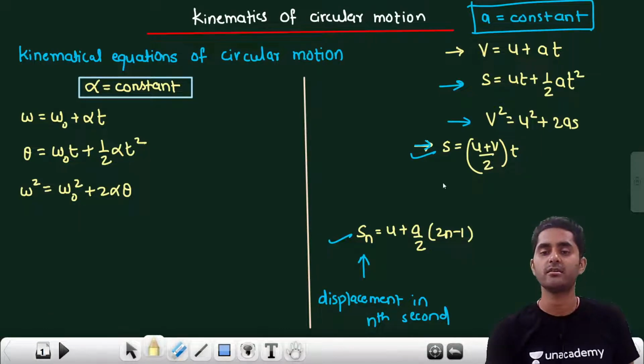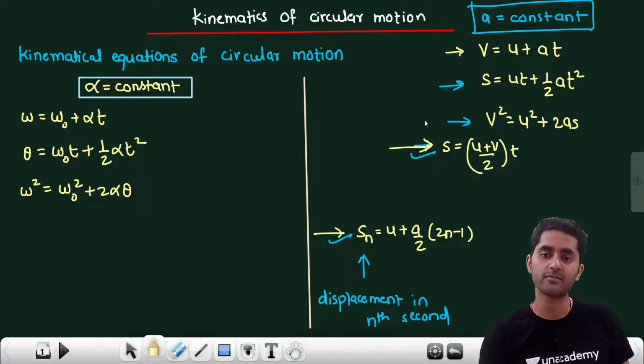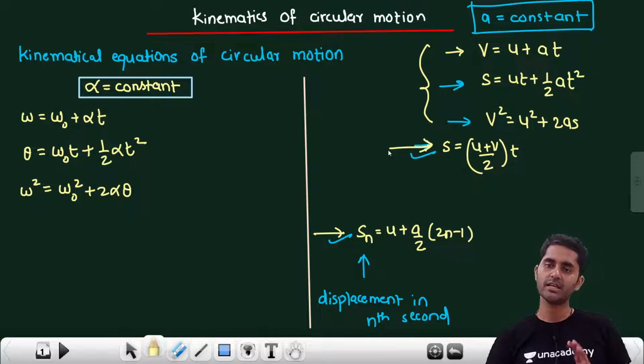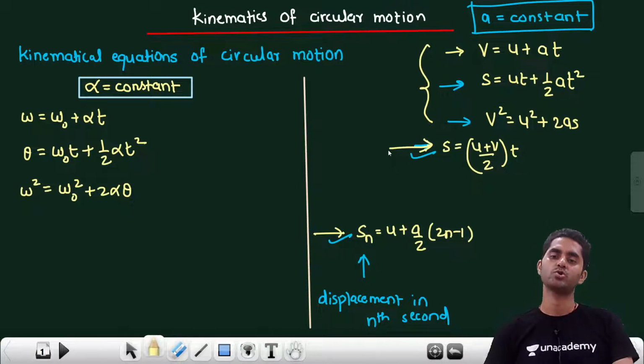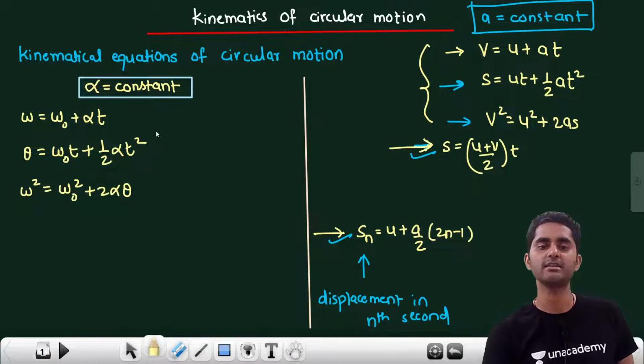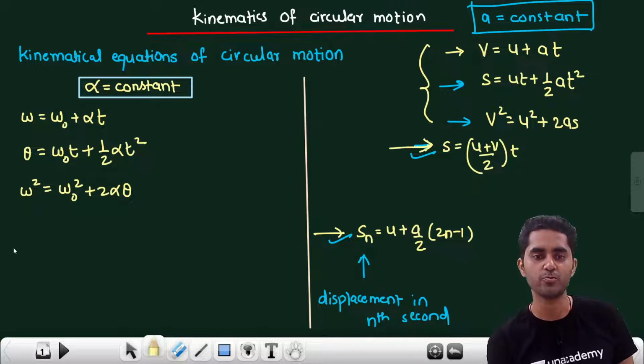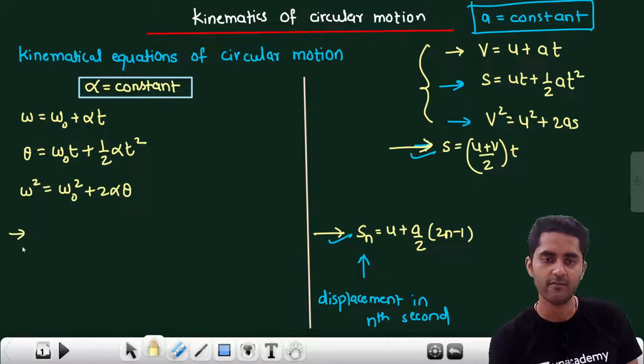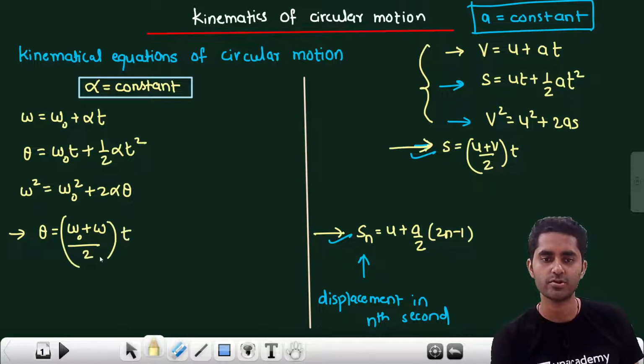Apart from that, we have two extra kinematical equations that we derived from these three equations only, and similarly we can derive two more equations in this case, which will be the same. We have s is equal to u plus v upon 2 into t, so here theta is equal to omega plus omega naught upon 2 into t.